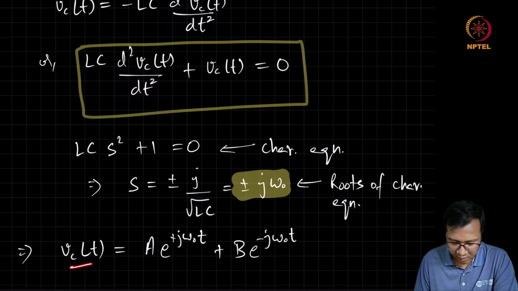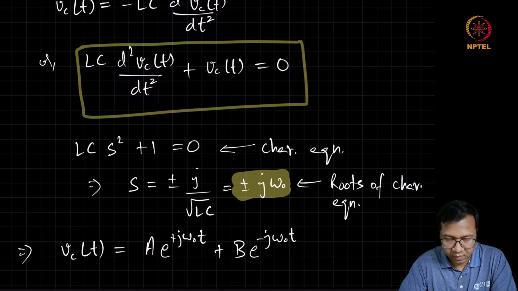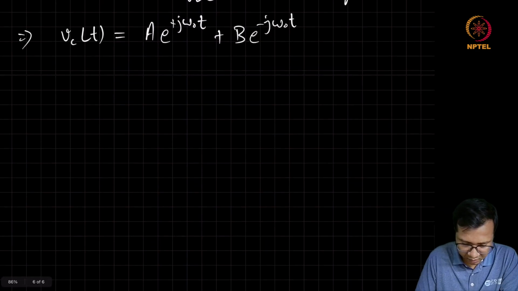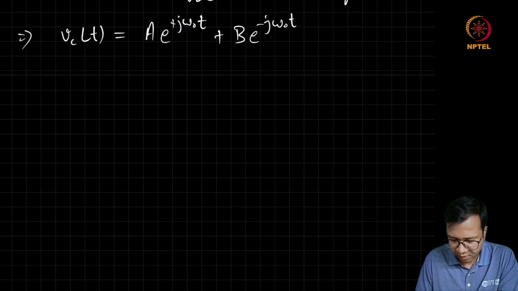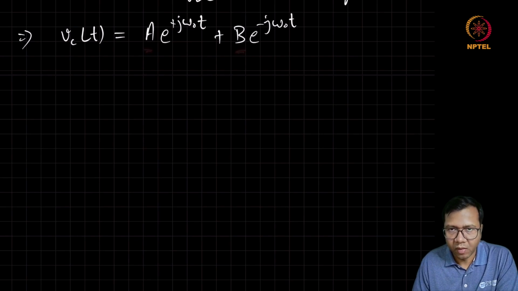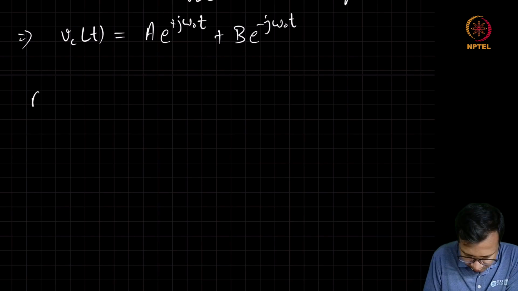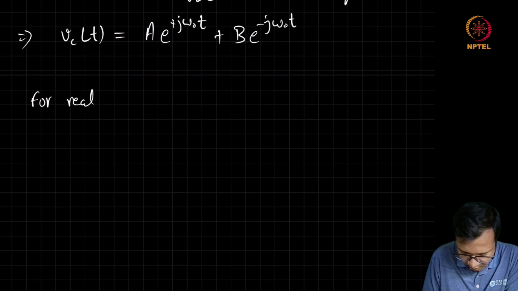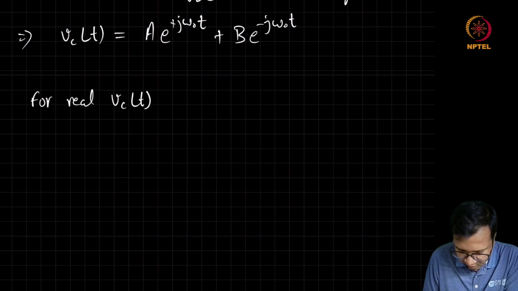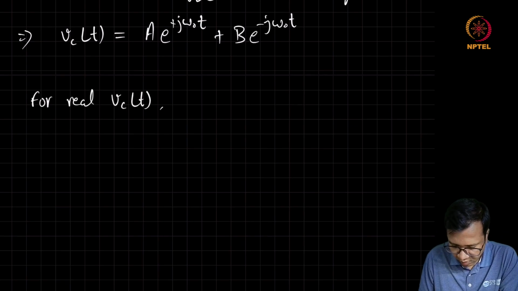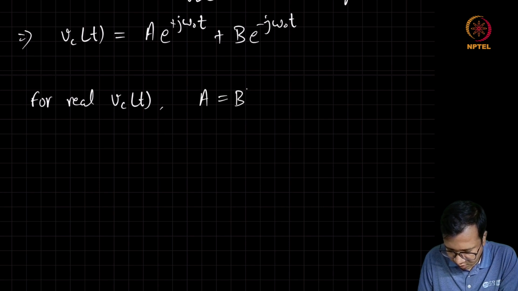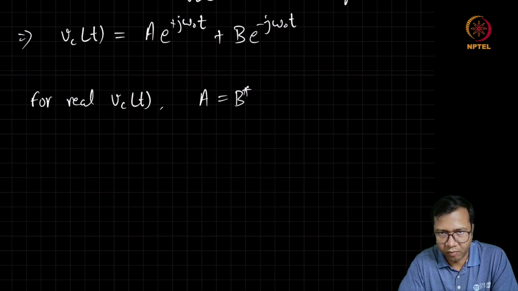And accordingly, we are going to find the expression for this VC of t to know how VC evolves with time. Now, in our case, since we know that VC is going to be purely real, it means these two coefficients have to be complex conjugate of each other. For real VC of t, A should be equal to the complex conjugate of B.